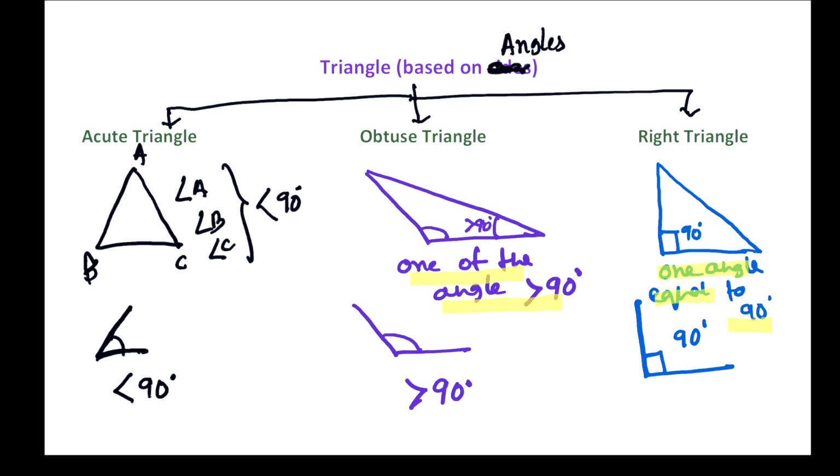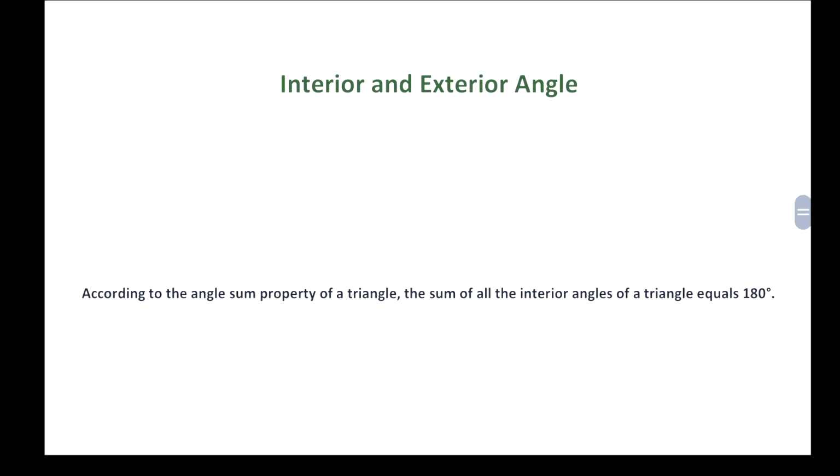The other two will be less than 90 degrees. So in an acute angle triangle, all three angles are less than 90. Obtuse angle triangle, one angle is greater than 90. And right angle triangle, one angle is equal to 90 degrees, and the rest are less than 90 degrees.